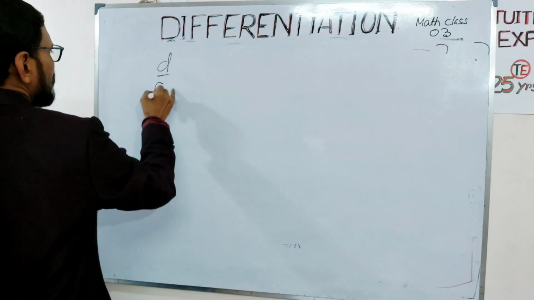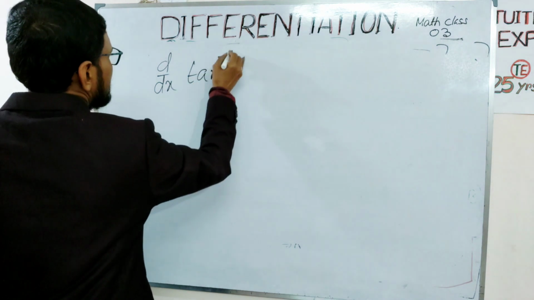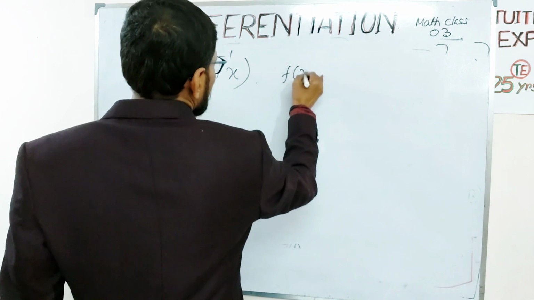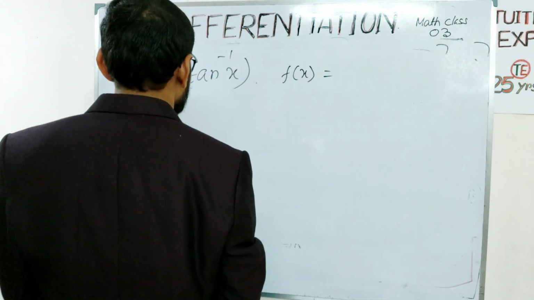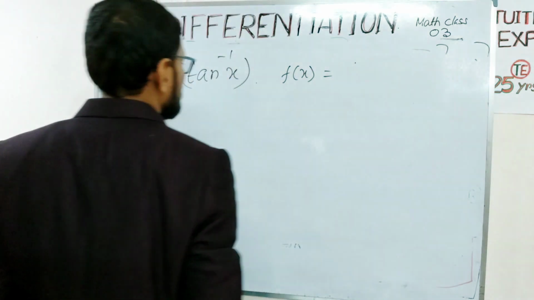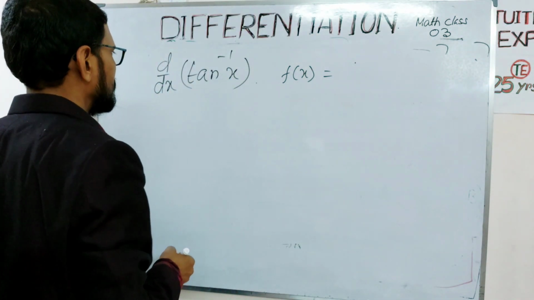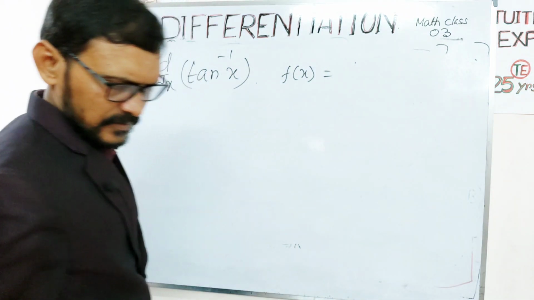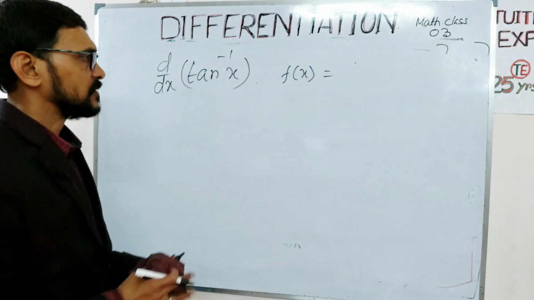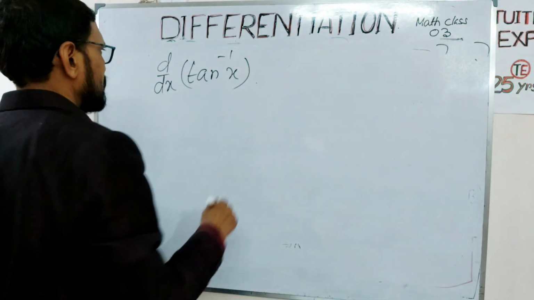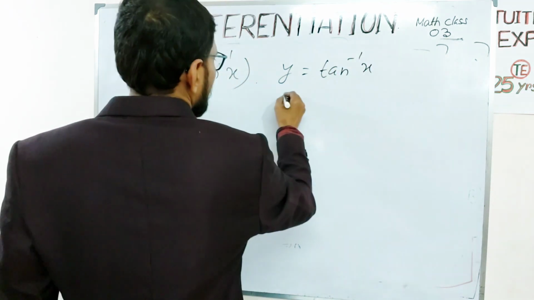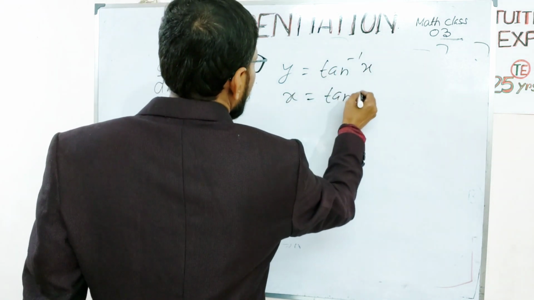So what is the d by dx of tan inverse x? We put f of x equal to tan inverse x. So let y equal to tan inverse x, so x equal to tan y.